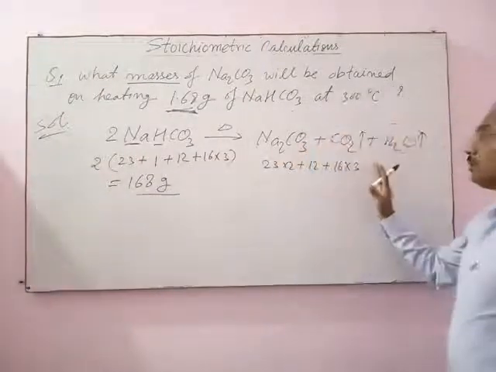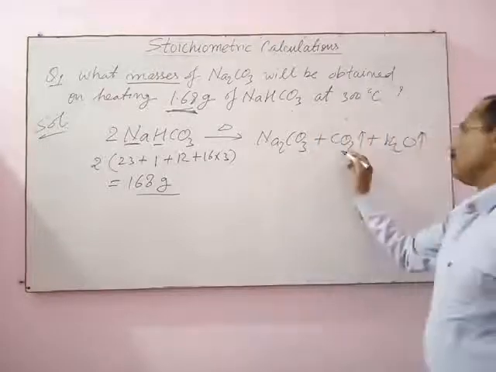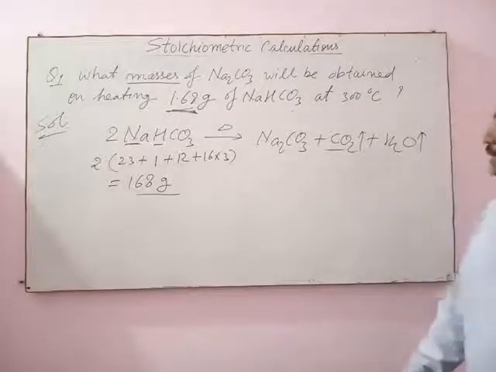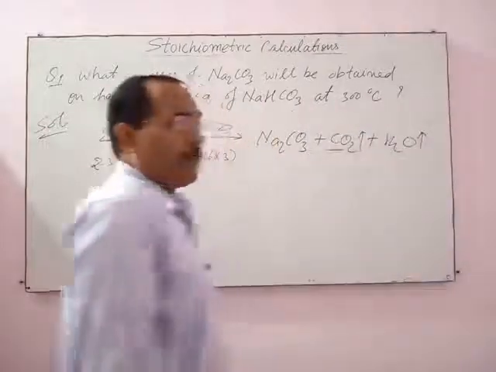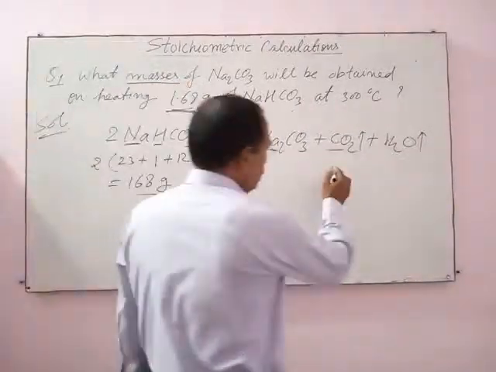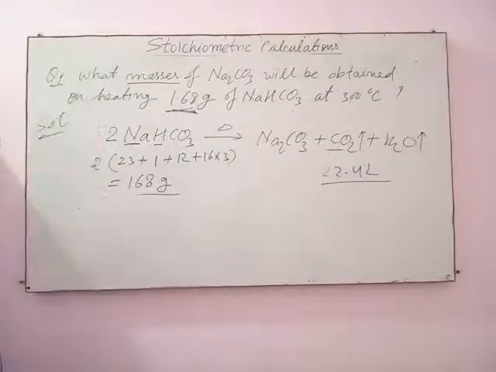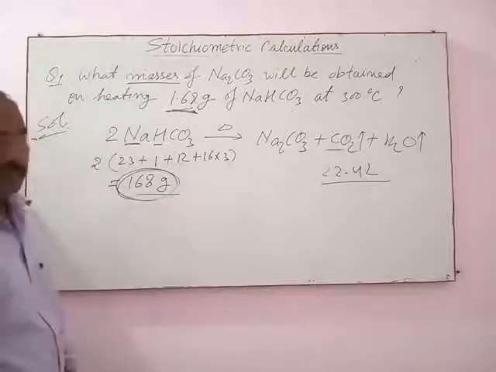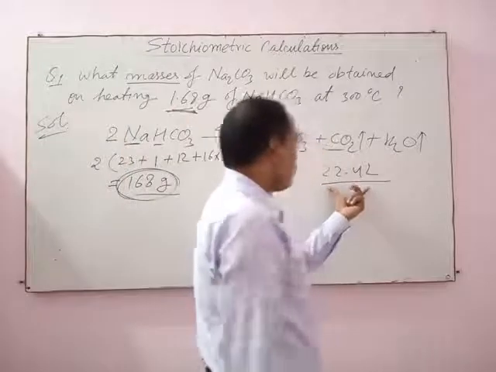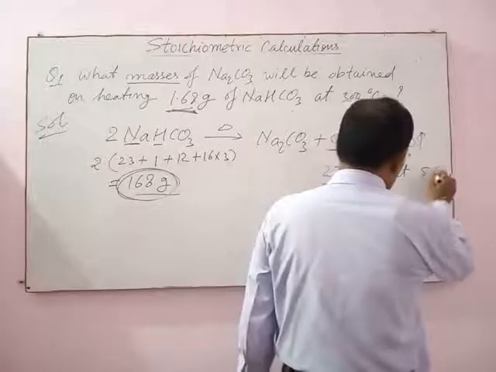In terms of volume, how many moles of carbon dioxide evolved in this reaction? Only 1 mole. And the volume of 1 mole of any gas at STP is 22.4 liters. It means 168 grams of sodium bicarbonate gives 22.4 liters of carbon dioxide at STP.